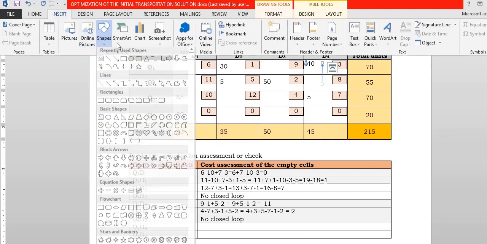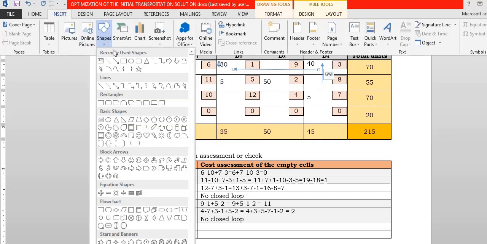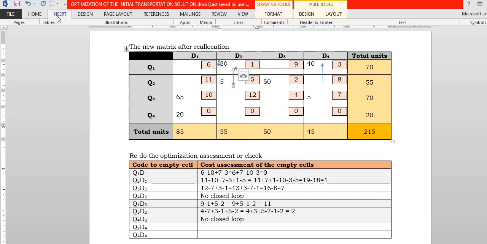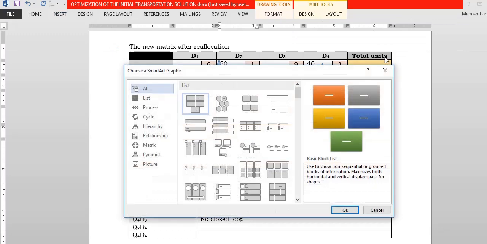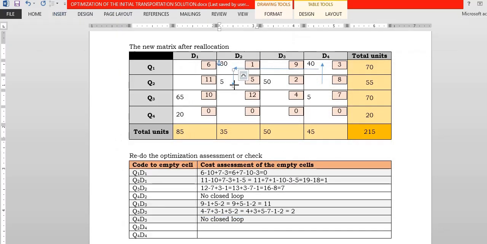Okay, we move to the left, up to here. Move downwards, up to here. Then move, okay, not right. Move to there. Left up to here. So this is the closed loop now.